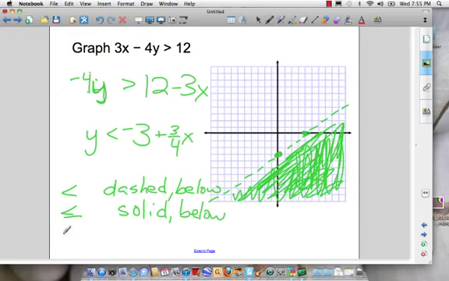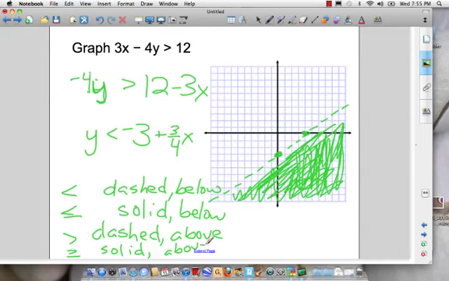On the other hand, if it's greater than, or if it's greater than or equal to, you're going to shade in above. And again, it'll be dashed if there's no equal, and above if it's greater than. If it's greater than or equal to, it will be solid and above. All right, it's a pretty quick lesson.